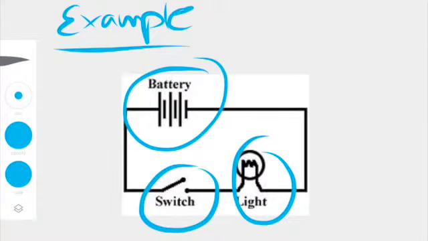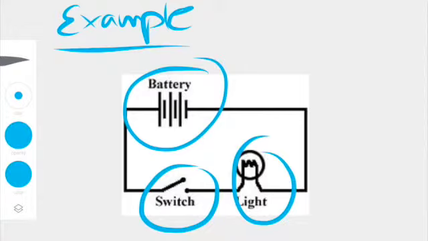These symbols are going to be without words in the official circuit diagrams or schematics, but over here, just to make it easier, I have these words with them. Besides these symbols, you can see a bunch of lines connecting them. This actually represents the wires of a circuit. So you can see that this is a circuit diagram.